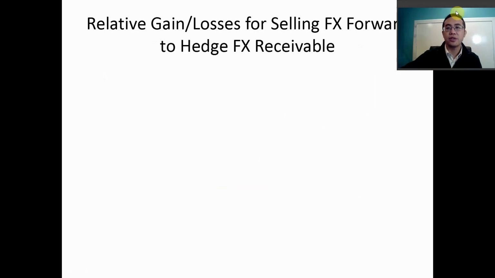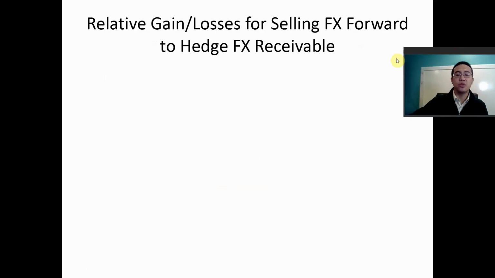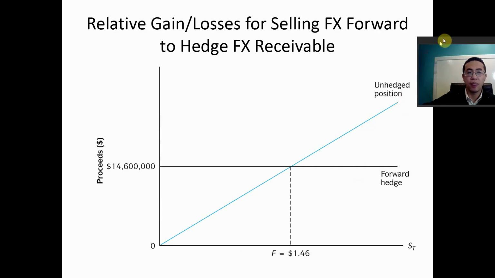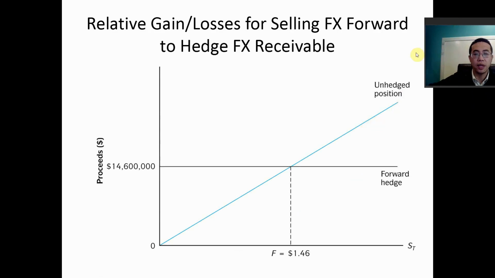So here is a chart I made to show you there could be some downside and some advantage to using the forward to hedge the foreign exchange receivable. So this chart is an upward sloping curve.